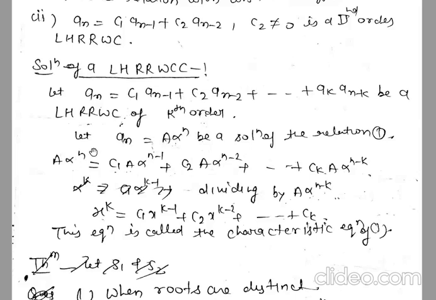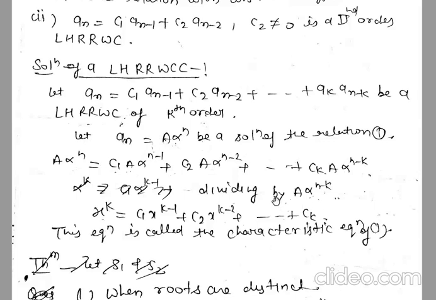An is A alpha to the power n, equal to C1 A alpha to the power n minus 1, plus C2 A alpha to the power n minus 2, and so on, plus Ck A alpha to the power n minus k. Now A is on the left hand side and also in all the terms on the right hand side, so just take it common and cancel it out. Now you can write it.